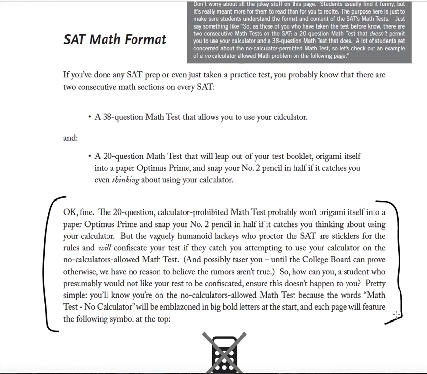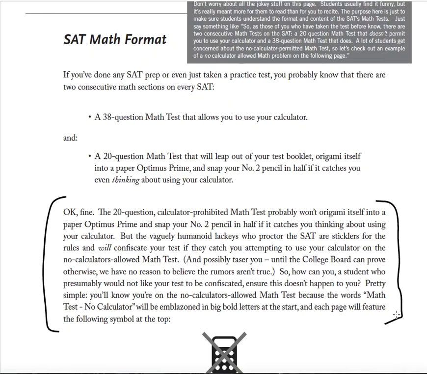Point number one, you have to make sure that all of your students know that there are two back-to-back math tests on the SAT. Remember, the overall sequence on the SAT is reading, followed by a writing and language test, followed by consecutive math tests, followed by that optional essay. So the third and fourth tests in that SAT sequence are both math tests.